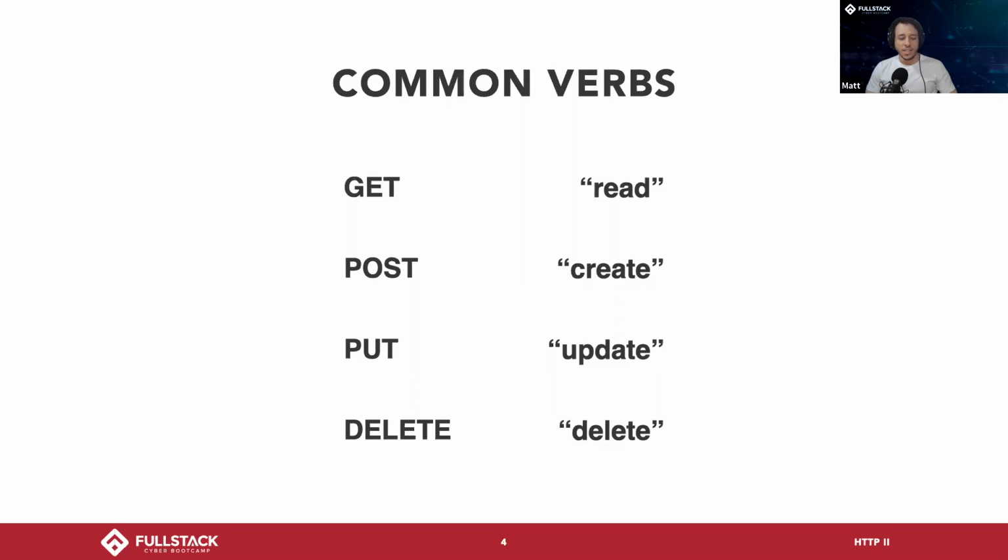But these four are the most common ones, and they map to all of the common things. If you think about pretty much every application out there, they pretty much do these four things of create, read, update, and delete, or CRUD. And same idea for HTTP.